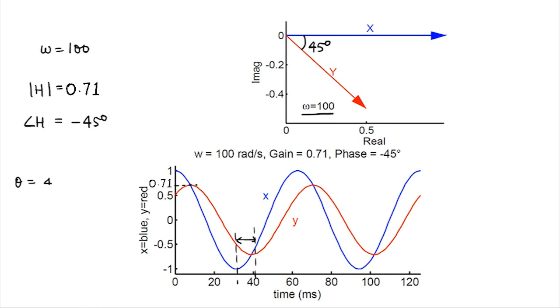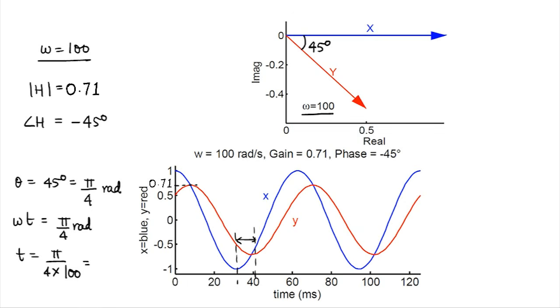For theta to be equal to 45 degrees, pi by 4 radians, omega t has to be pi by 4 radians, so t would be pi by 4 into omega, with omega being 100 here, which gives approximately 7.9 milliseconds. This is how these signals would appear on the DSO in your experiments.